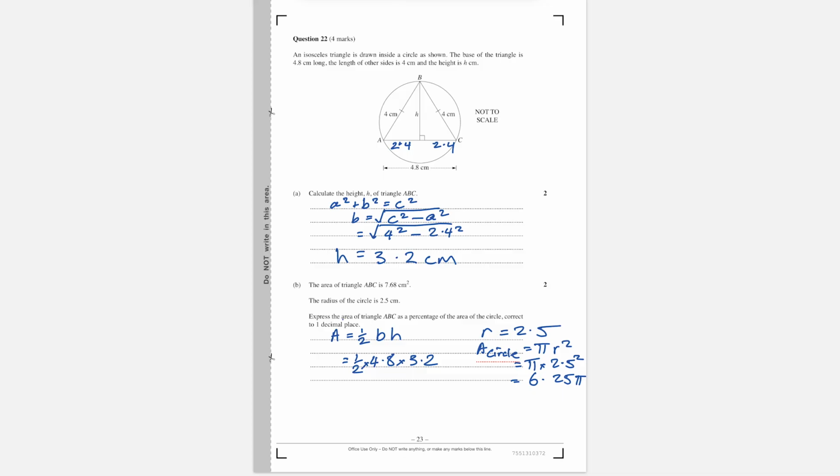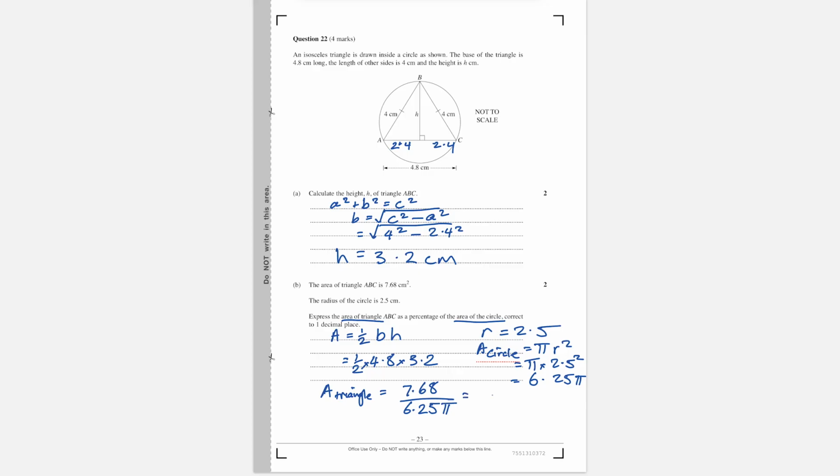So express the area of the triangle as a percentage of the area of the circle. So then the area of the triangle is equal to 7.68 divided by 6.25 pi.